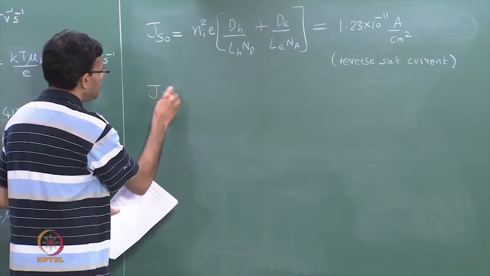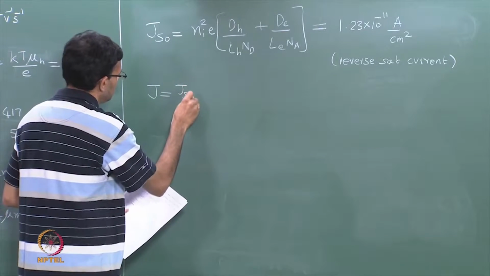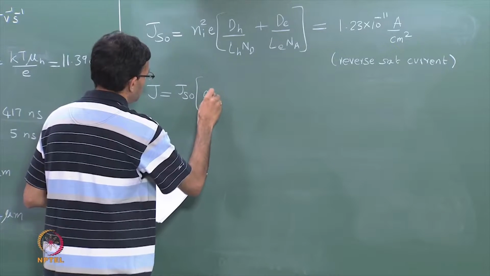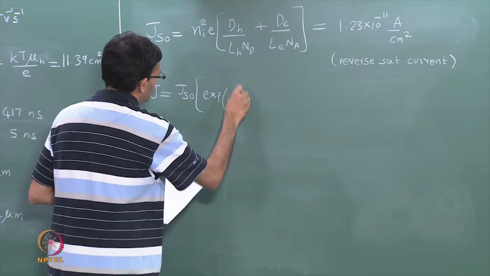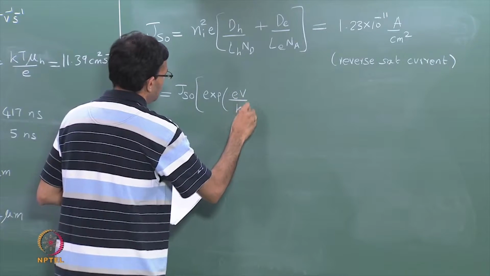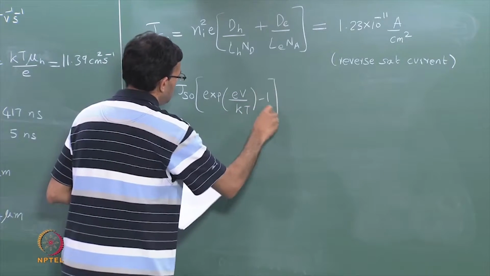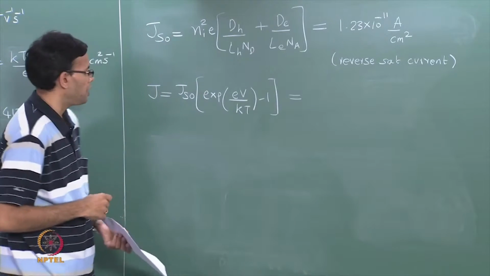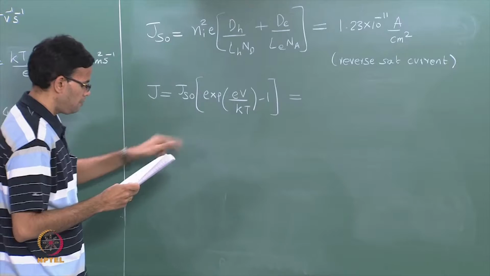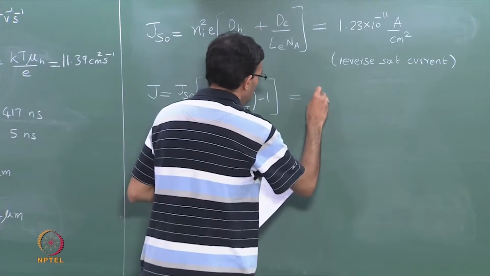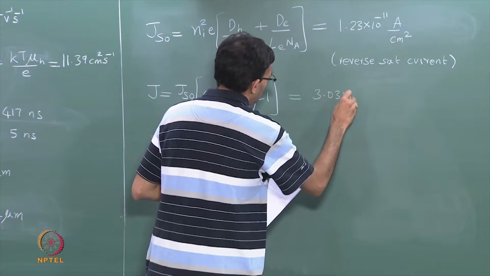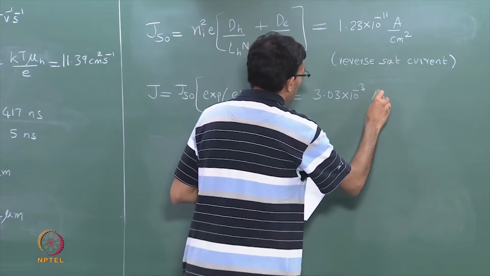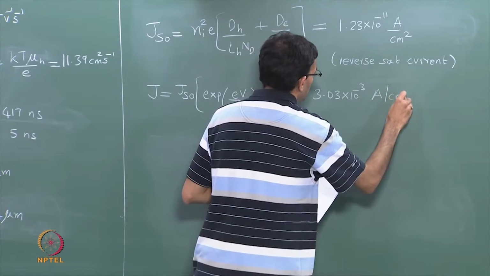So, the current during forward bias is nothing but Js naught times exponential of eV over kT minus 1. The voltage that we applied is 0.5 volts. So, J comes out to be 3.03 times 10 to the minus 3 amperes per centimeter square.